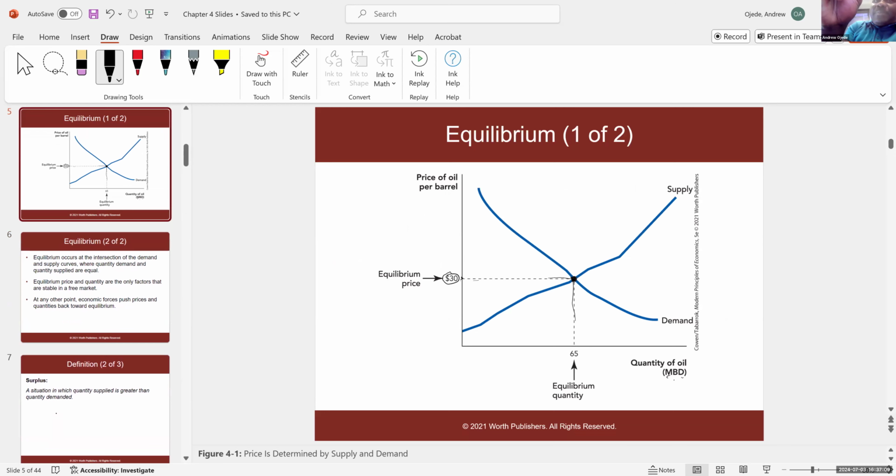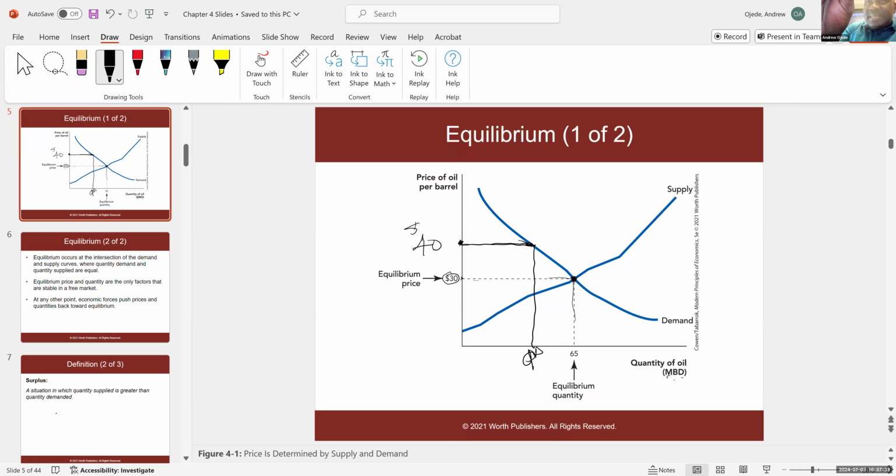Or let's assume that the price of oil is above the equilibrium. Let's say it's at $40. Then what you're going to see, if you draw a line from that $40, which curve do you hit first? You hit the demand curve first. Meaning that at that price of $40, quantity demanded is going to be here. You read it down here.